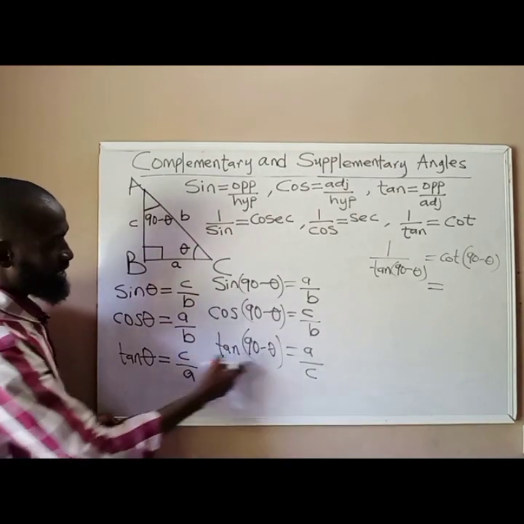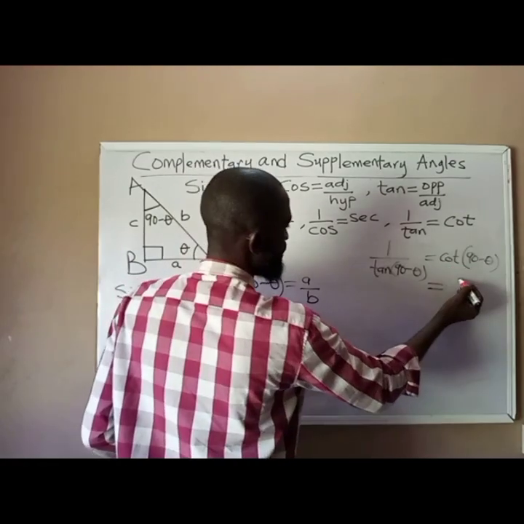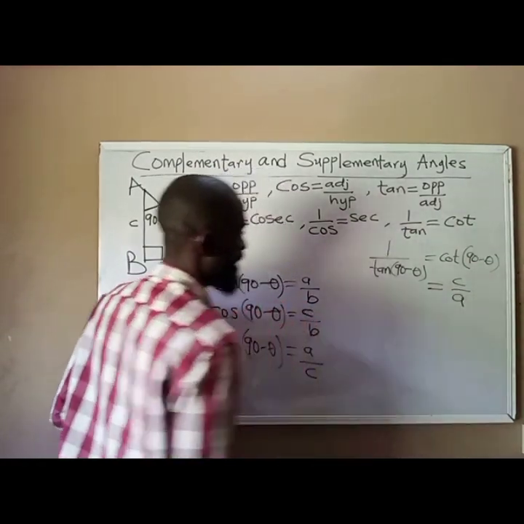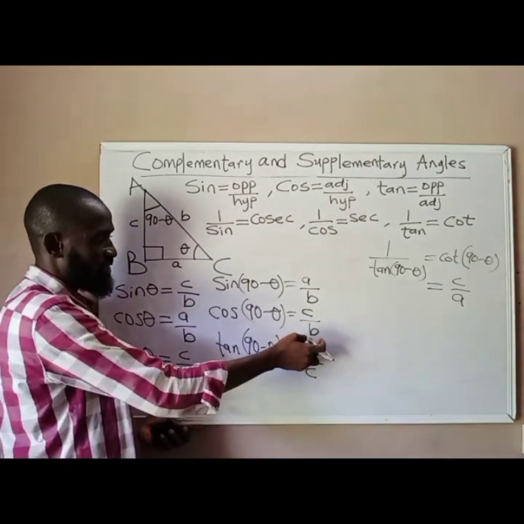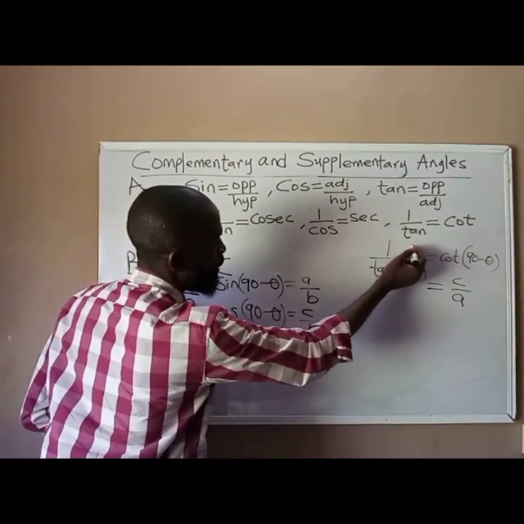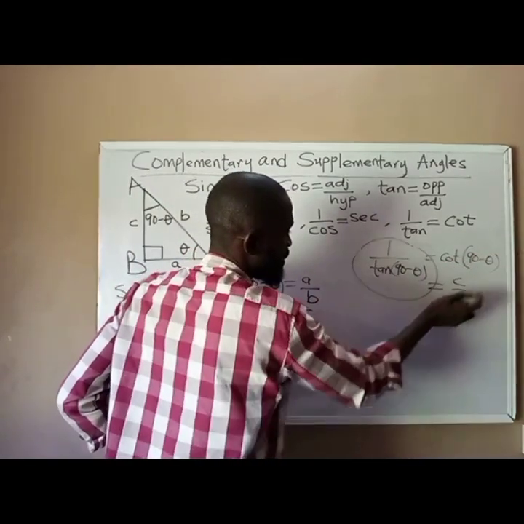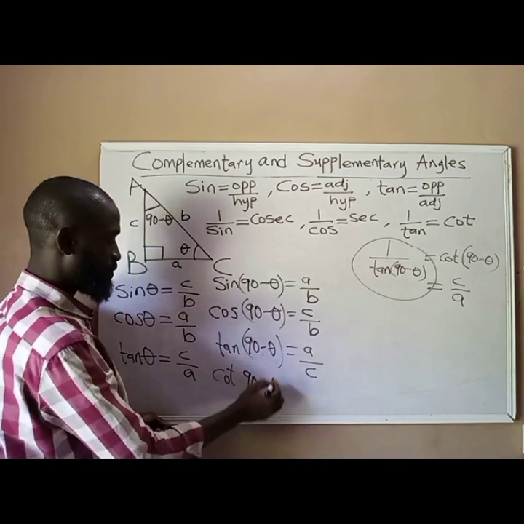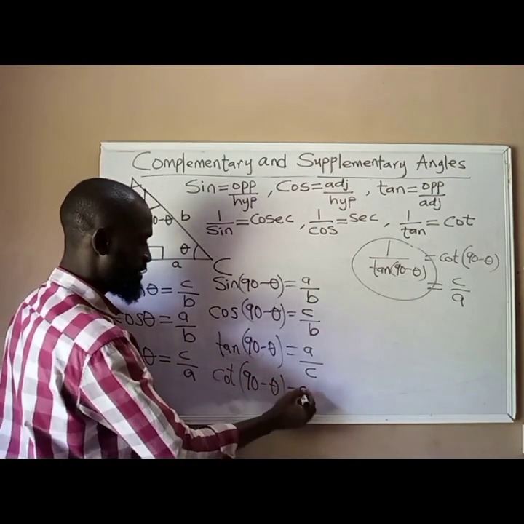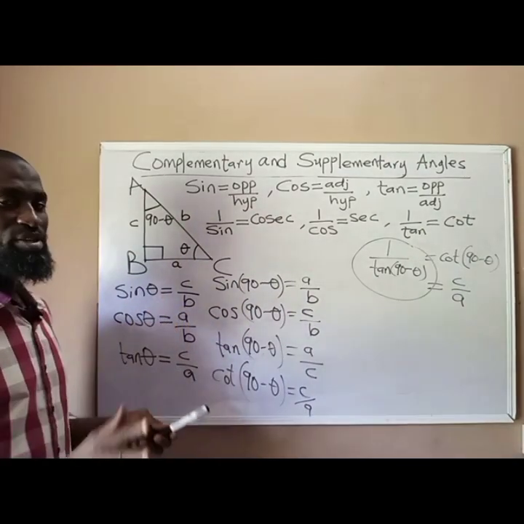Tan of 90 minus theta is A over C. So if I want to get the reciprocal, I'll just bring this C up and A down. It means 1 over tan of 90 minus theta, which is equal to cot of 90 minus theta, will give us C over A. Now, let us establish this relationship.